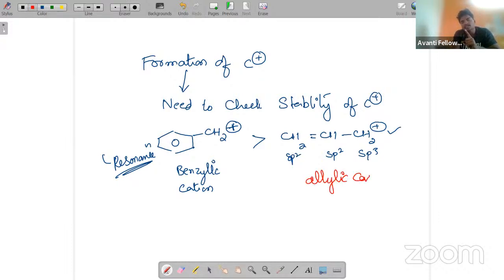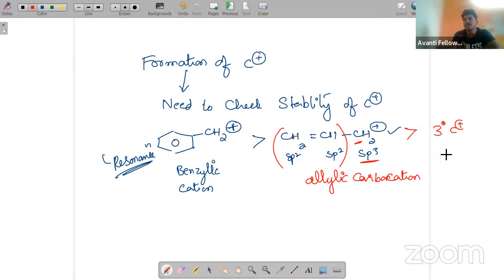The cation is present on an sp3 carbon attached to unsaturated carbons. Allylic carbocation is also more stable than tertiary carbocation.